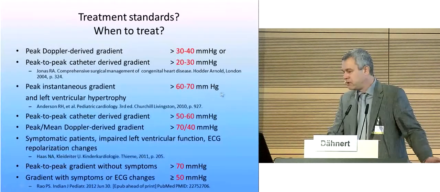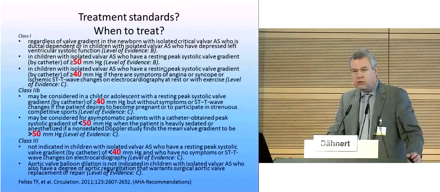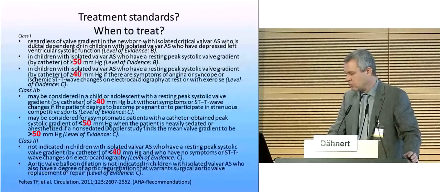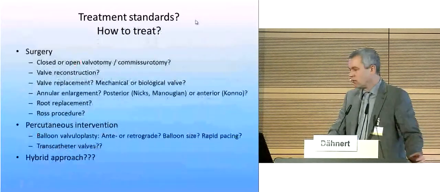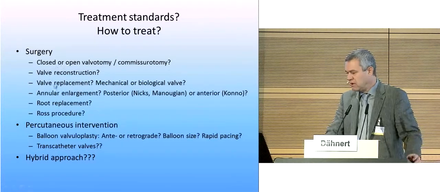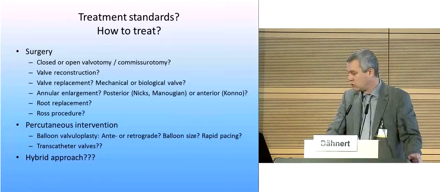So we don't have a standard for that, and also the AHA recommendations don't give us a true standard. They talk about 50 or 40, but not comparable to the other textbooks. So there is no standard for treatment. There is no standard how to treat. We have at least 6 surgical methods to treat an aortic valve stenosis, maybe more. I'm not a surgeon.